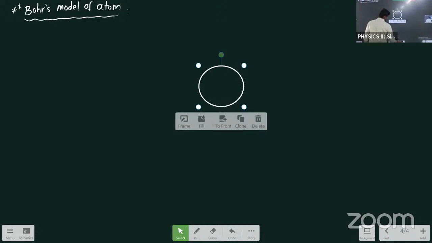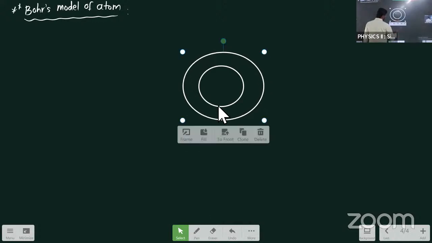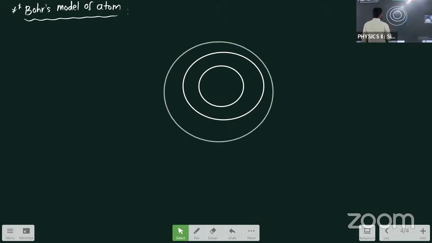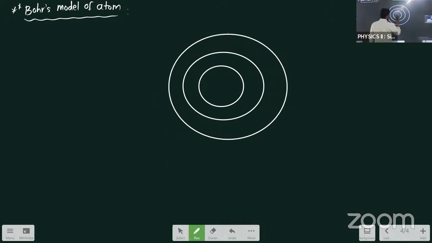Electron revolves around the nucleus only in certain special orbits. Those orbits are called stationary orbits, in which they do not radiate any energy. What was the statement given by Rutherford? Here we have the nucleus and the electrons are revolving.